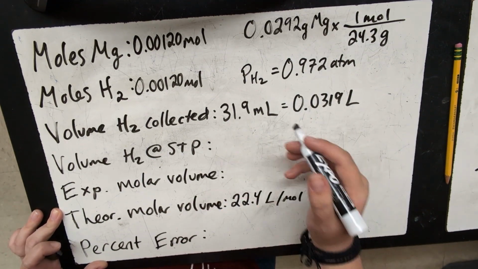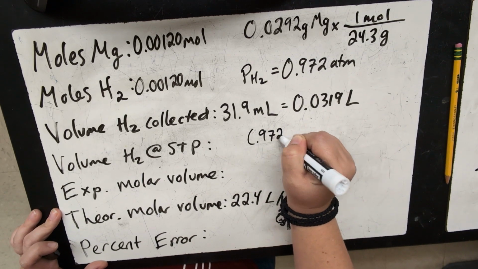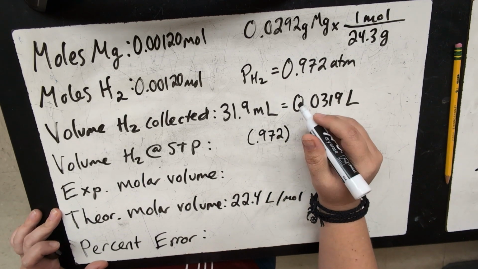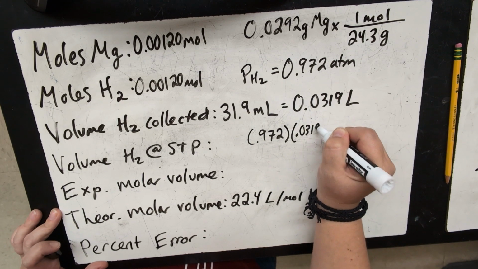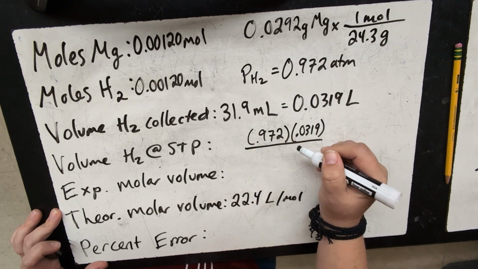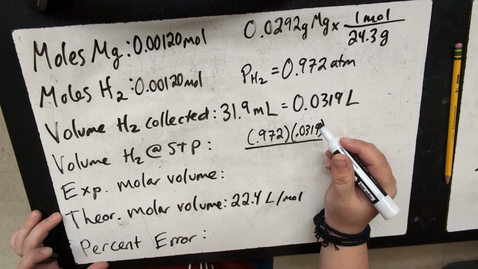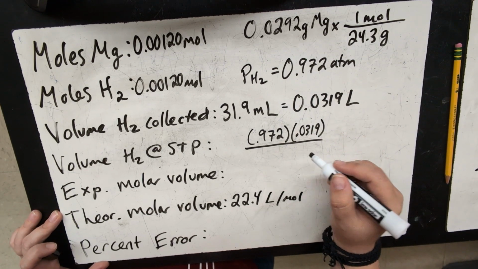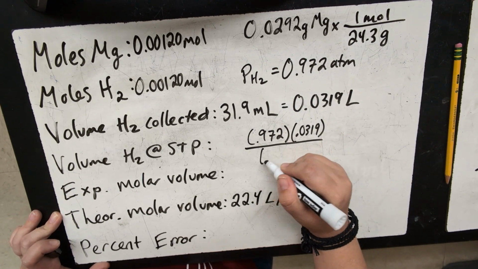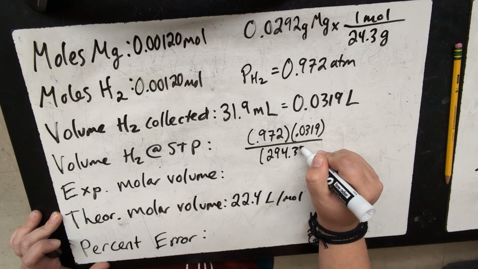Our pressure of the dry hydrogen was 0.972 atm. The volume in liters, 0.0319. The temperature was at 21.2 degrees Celsius. So in Kelvin, that was 294.35 Kelvin.